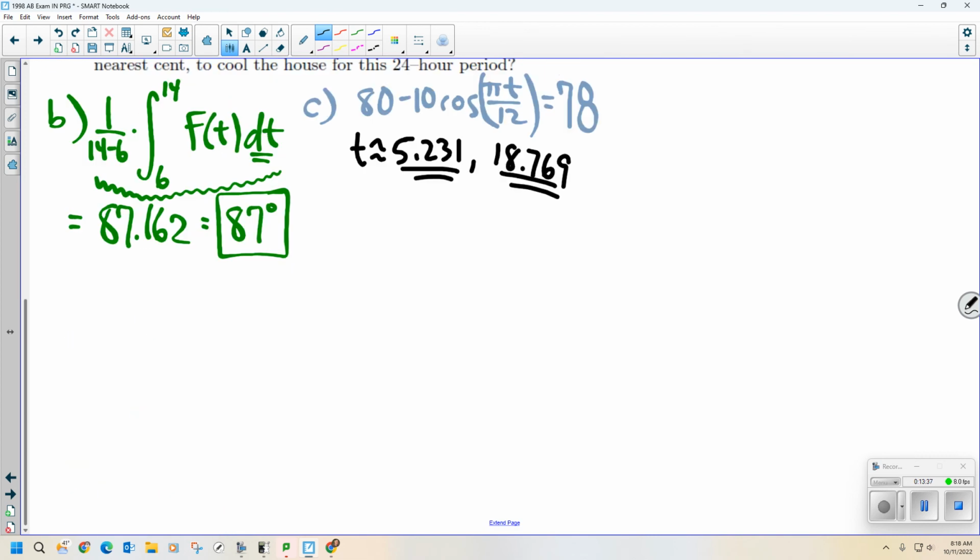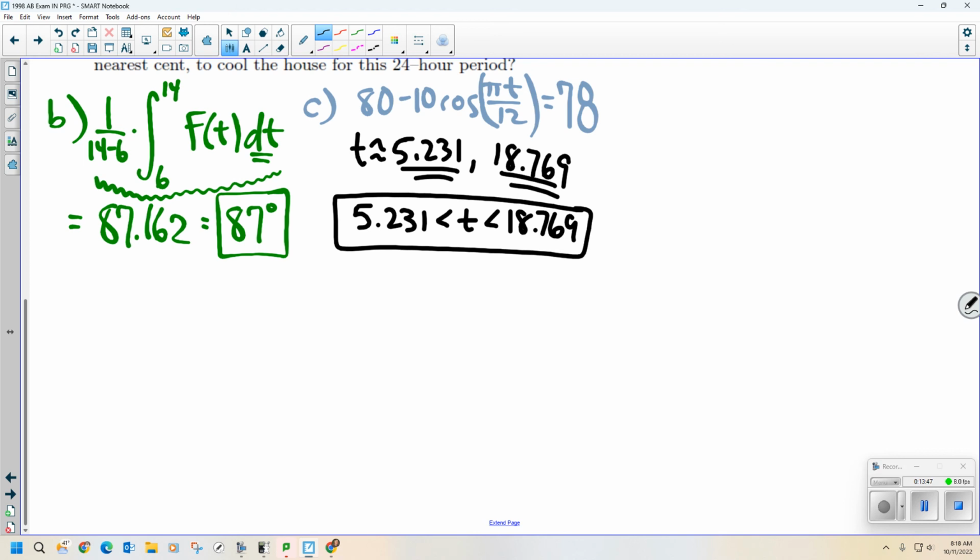So when I write this answer, I better write it as an inequality because I want all the values in between. That air conditioner is going to be on at all those values in between, not just when it starts and ends, but everything in between. So I better write that as an inequality. Okay, and those are in hours.